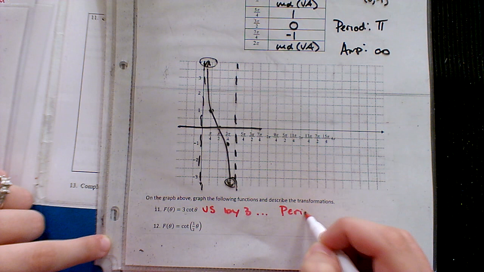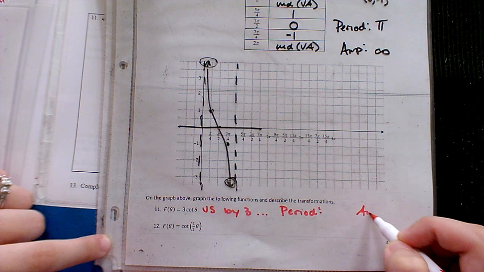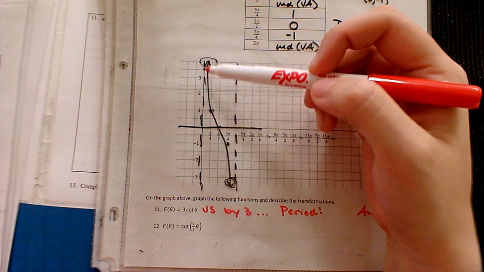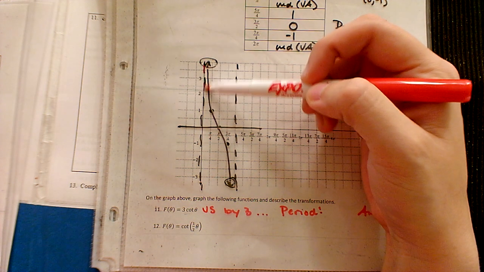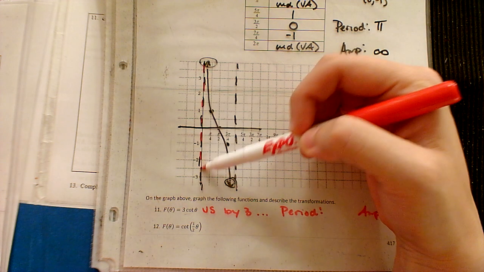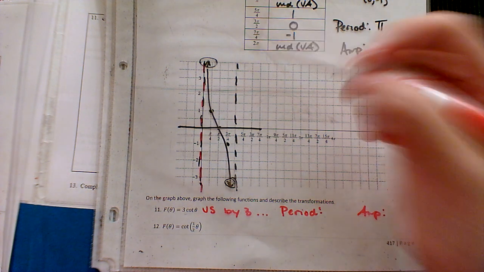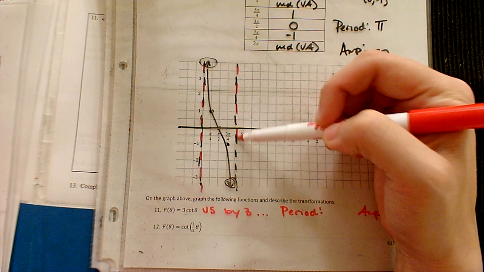So we'll see how that affects the period or amplitude. We're going to make this curve go very, very tall. If you were to vertically stretch a vertical asymptote, that's still going to be there. You're stretching a vertical line even more vertical, so it's still a vertical line. So the asymptotes are going to stay where they are.